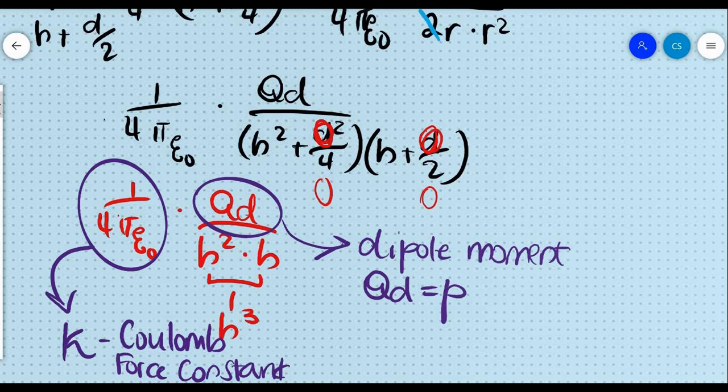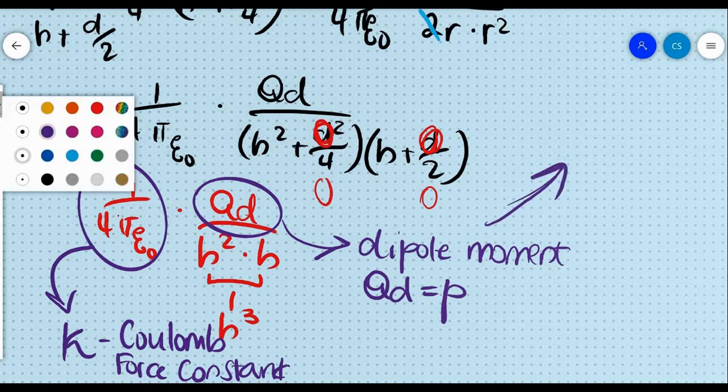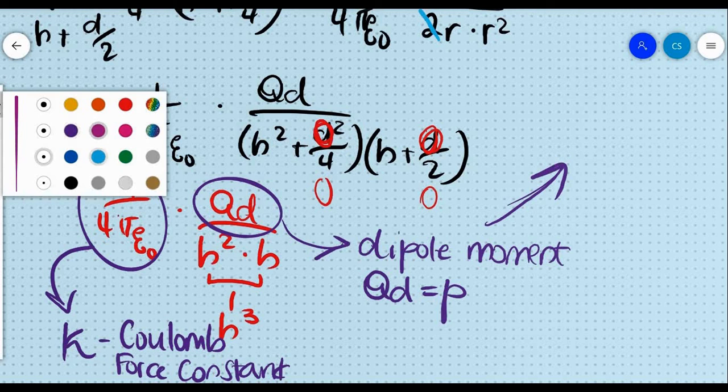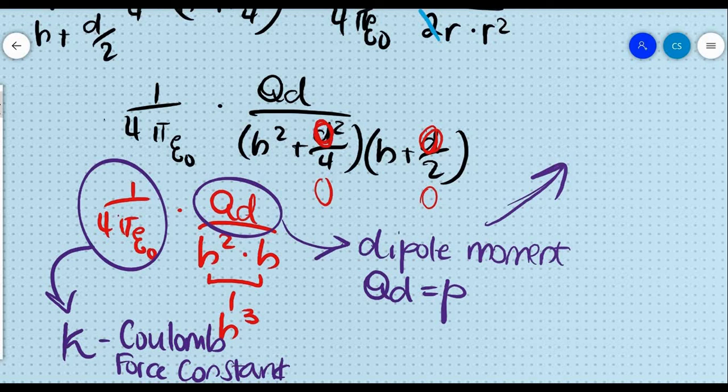Alright? So at the end of the day, our final equation for EX, which we were trying to find originally, where EX is the electric field strength at the arbitrary point P. Let's try that again.